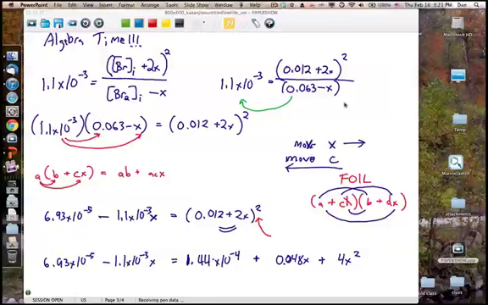Now, once we are there, we start combining terms that are of the same exponent. This is x to the 0, this is x to the first, this is x squared. We combine those additively, because they're just addition and subtraction at this point, to get the following form.